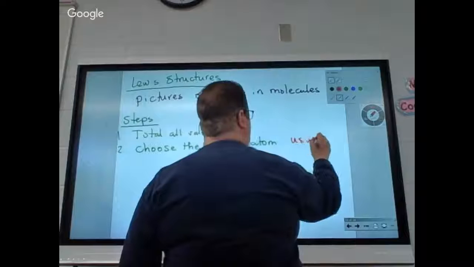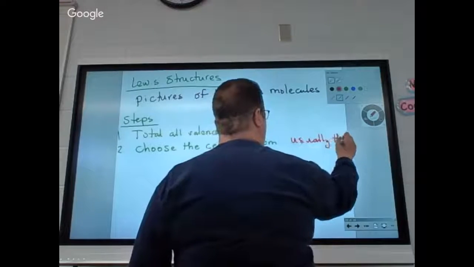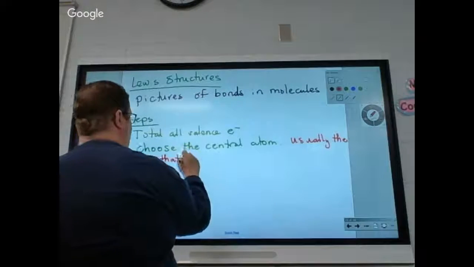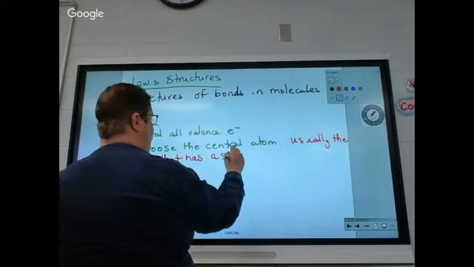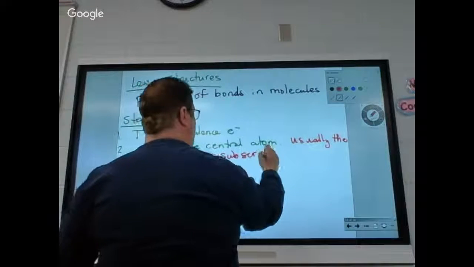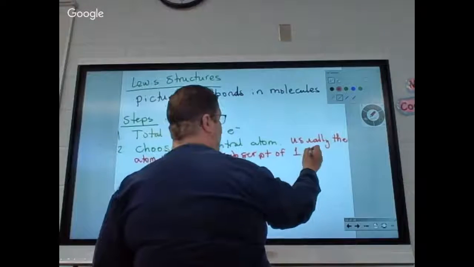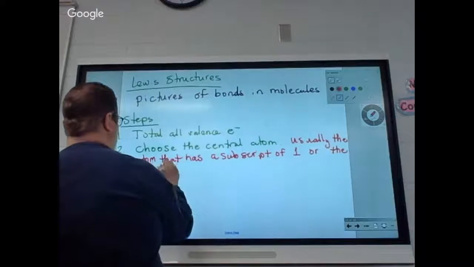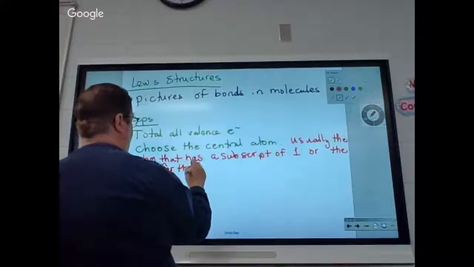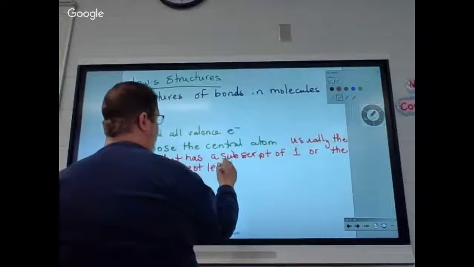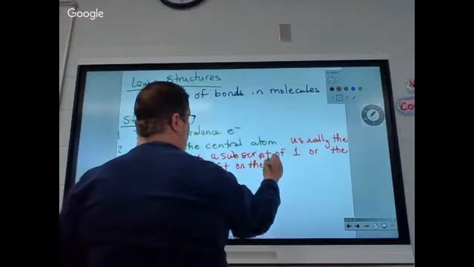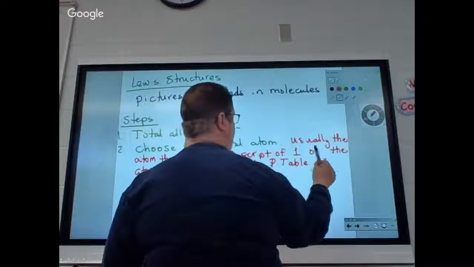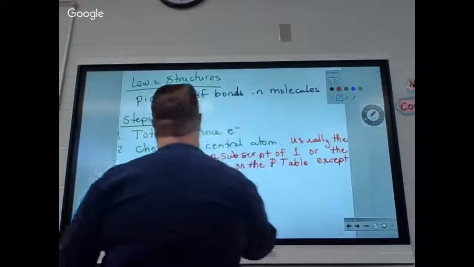It is usually the atom that has a subscript of 1 or the atom farthest left on the periodic table, except hydrogen.